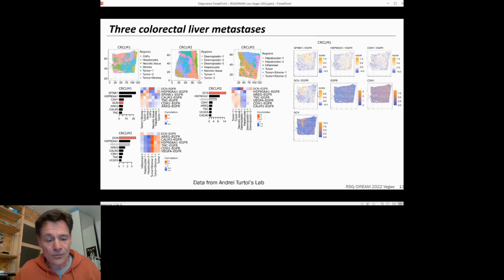But those that you only see with the bulk tend to involve lower expressed molecules, which makes sense because RNA sequencing is much more sensitive than single cell platforms. And it also works very well for multicellular resolution spatial transcriptomics.